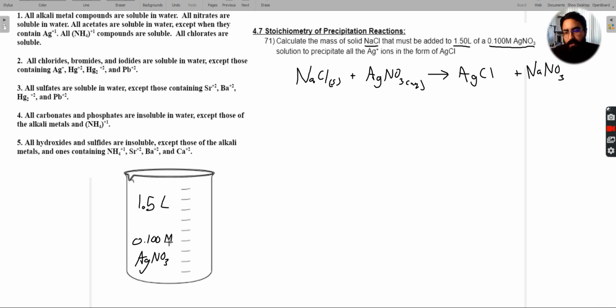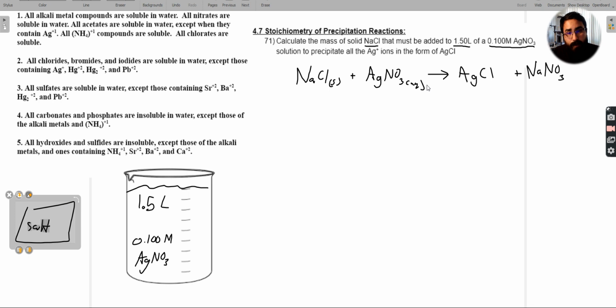Inside this solution, there's Ag floating around and there's NO3 floating around. What happens is someone's got some salt. You pick up this salt and you're going to add it inside the beaker until all the silver reacts and it comes down out of solution.